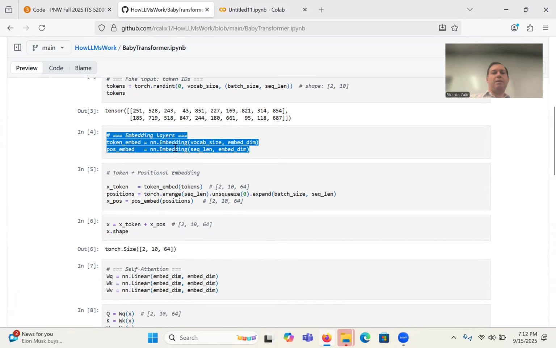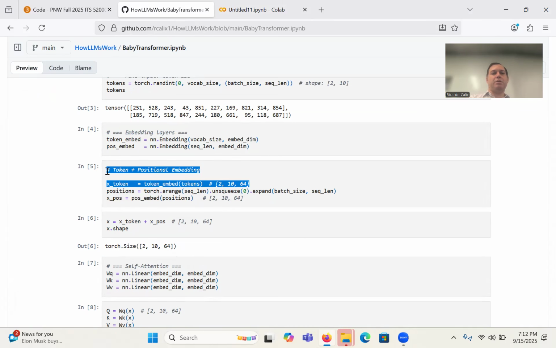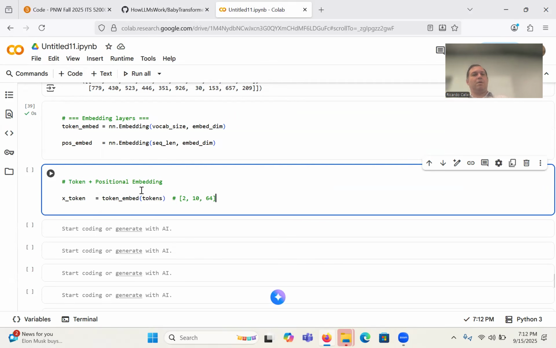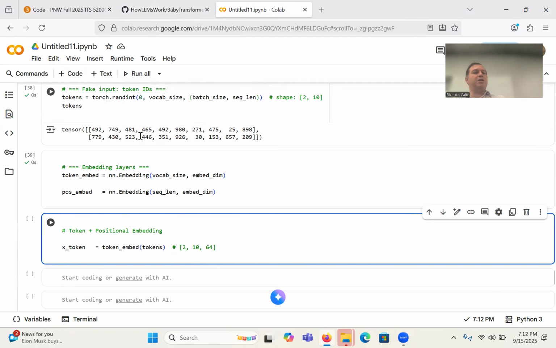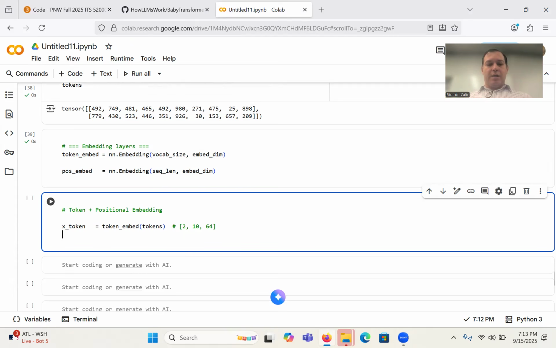So I'm going to go ahead and actually just run one first. I'm running the sequence of IDs, this one, through the embedding layer so that my output is no longer 2 by 10, but it is 2 by 10 by 64 in this case. So that each ID now has its own embedding. We can take a look at that by saying xtoken.shape.